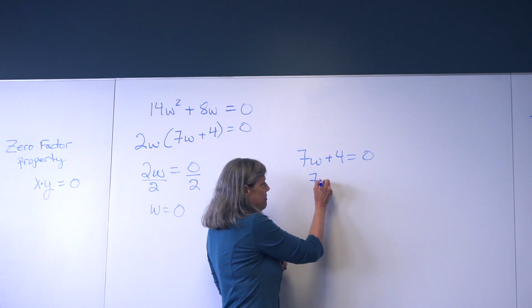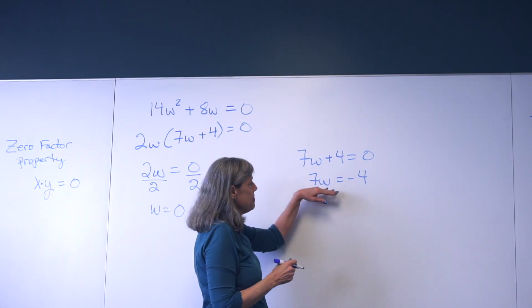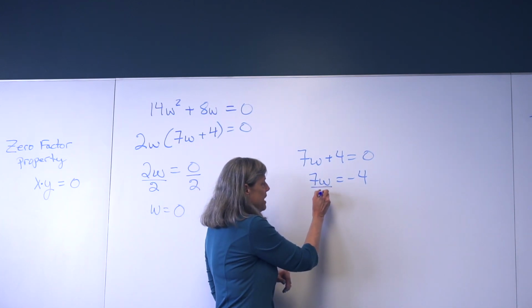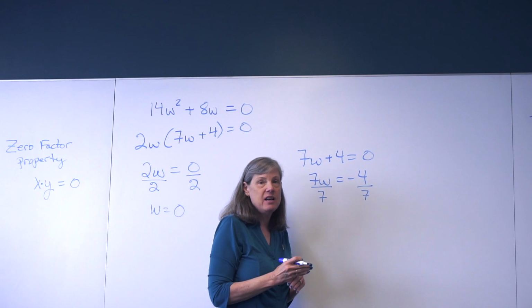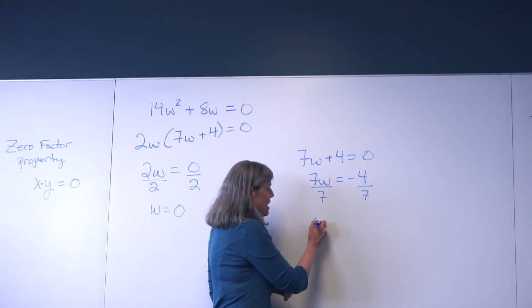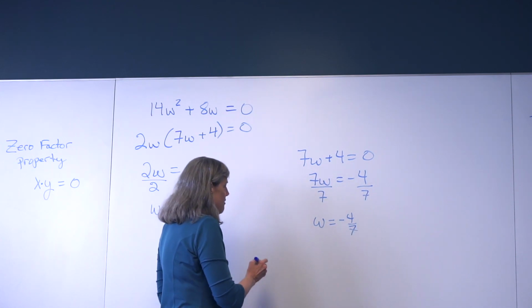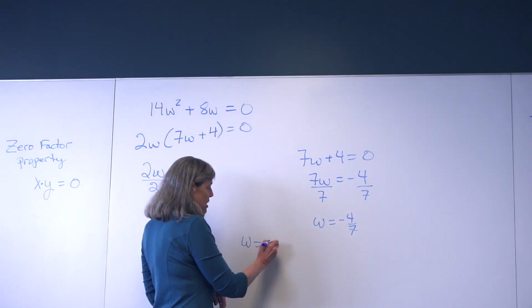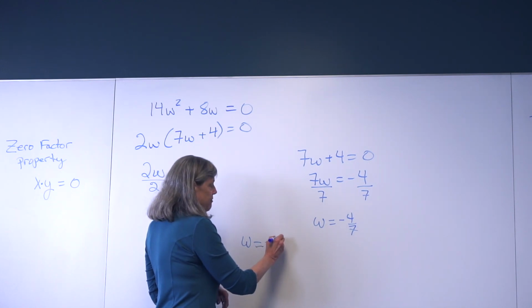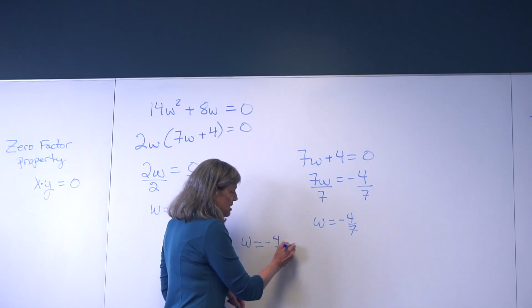So we would have 7w equals -4. Now I need to divide by 7 to get the w by itself. If I do that on one side, I'll do it on the other, and I get w equals -4/7. So my final answer is written like this: w equals -4/7, or, that's what the comma means, 0.